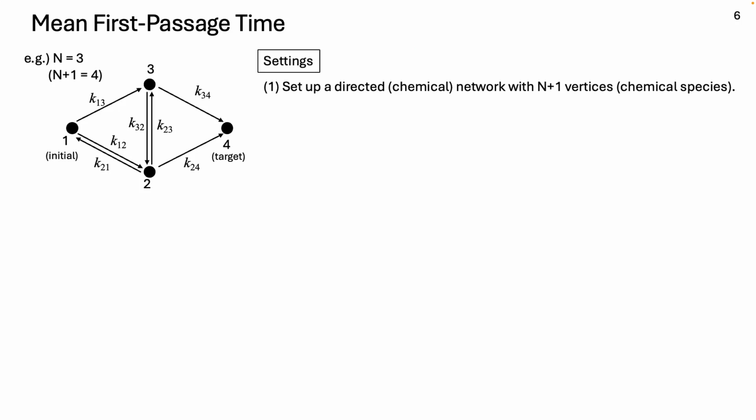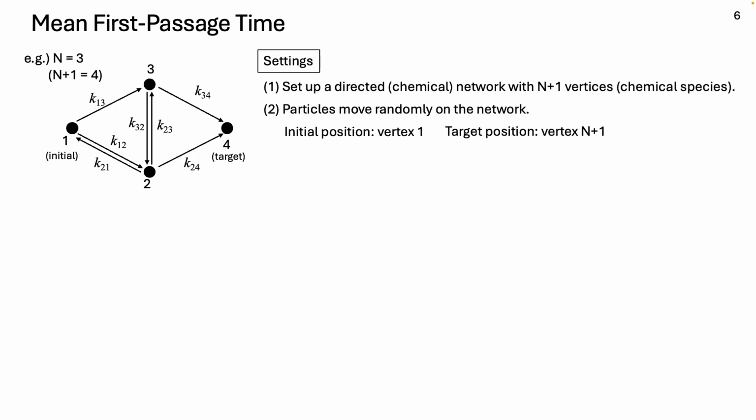First, set up a directed chemical reaction network with n+1 vertices. Each vertex is interpreted as a chemical species. Particles move randomly on the network. The initial position is vertex 1, and the target final position is vertex n+1.